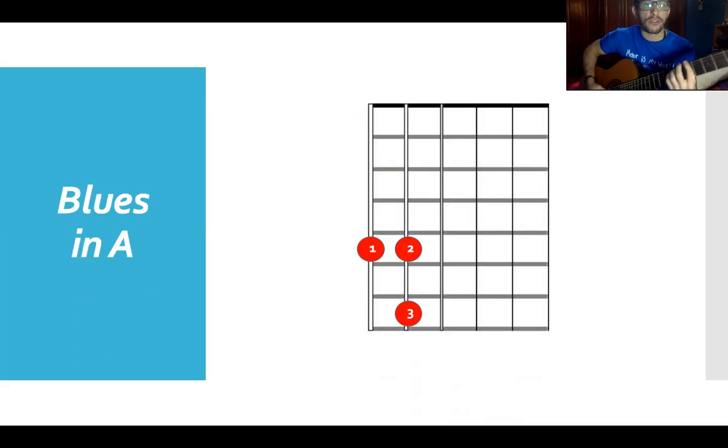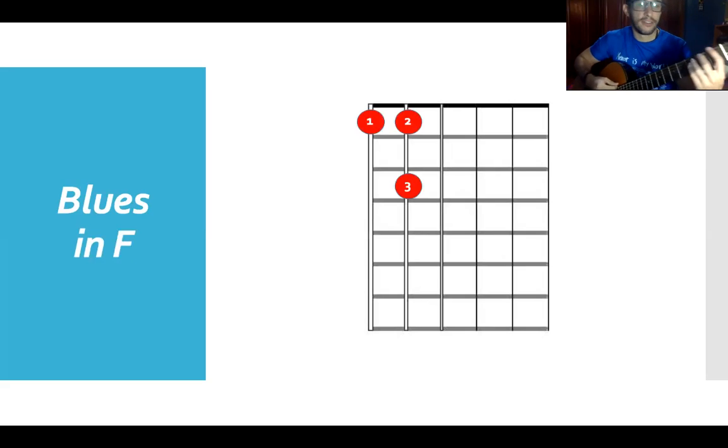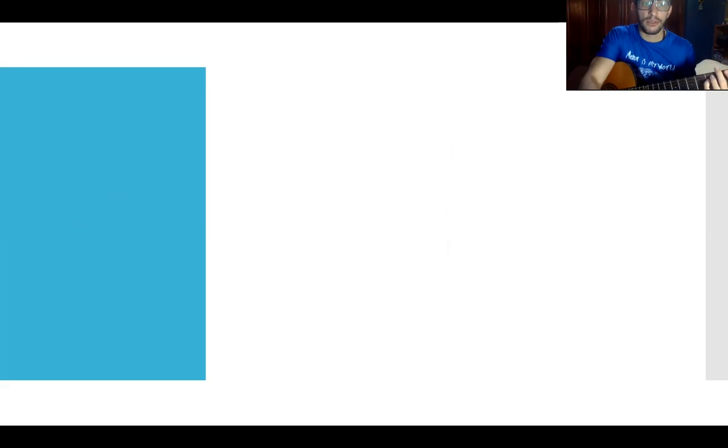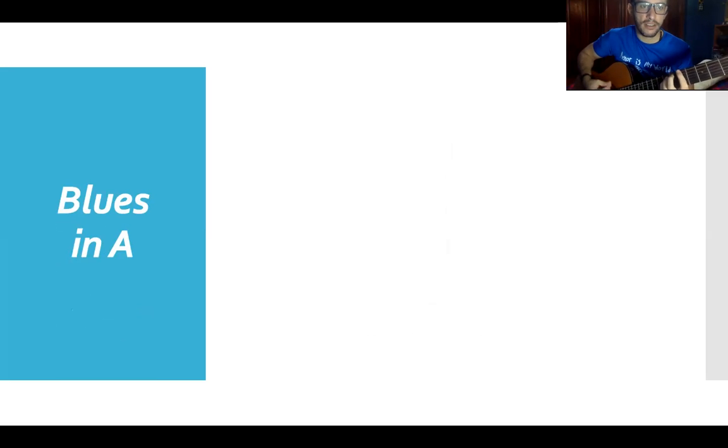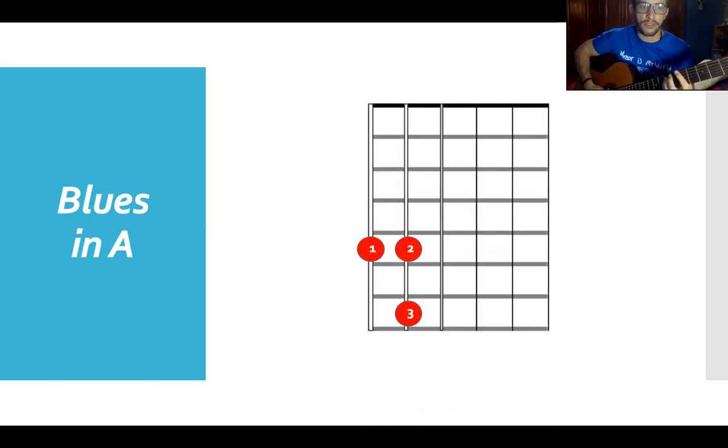So we have these 3 chords for blues in A. Since the blues in G, the first chord is G5, the blues in F, the first chord is F5, and then the blues in A, the first chord is A5.